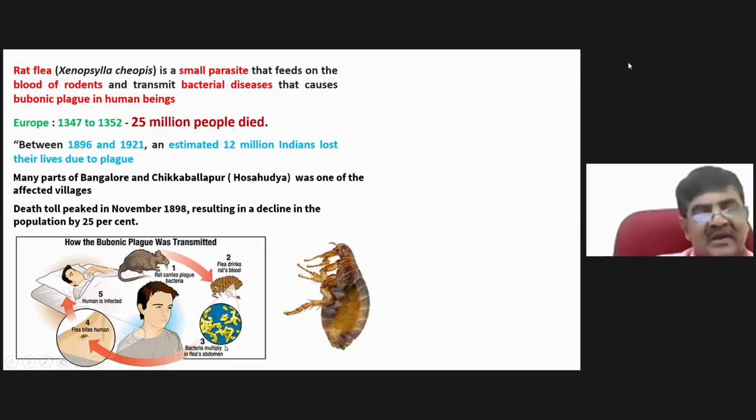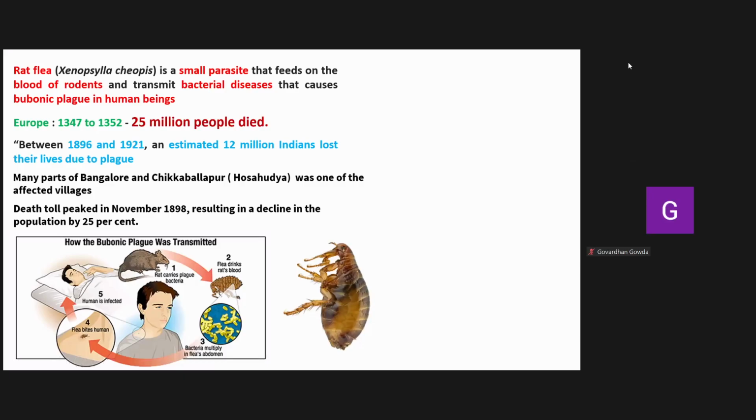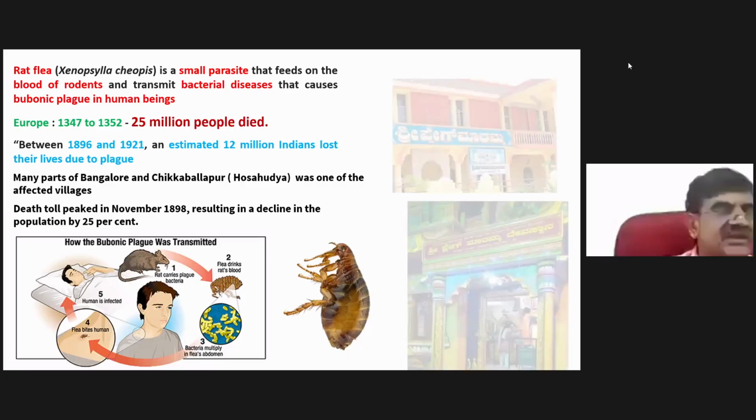The bacteria multiply in the flea's abdomen. Then they bite human beings, and the human beings get infected by this bacterial disease. In this way, the disease is transmitted from rats to human beings. So there are many deaths due to this plague.